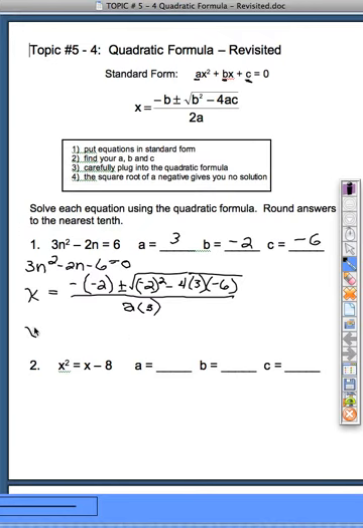All right, so when we simplify that, we have positive 2 plus or minus, and under the square root symbol, we end up with the square root of 76, all of that over 6.